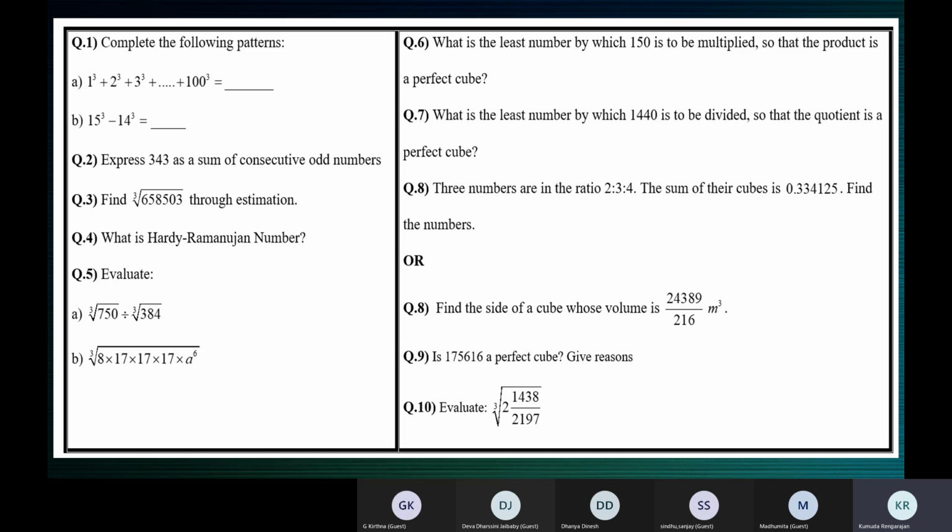That is, you just write one single cube root and inside that write the fraction 750 by 384, instead of writing them under two different cube root symbols.